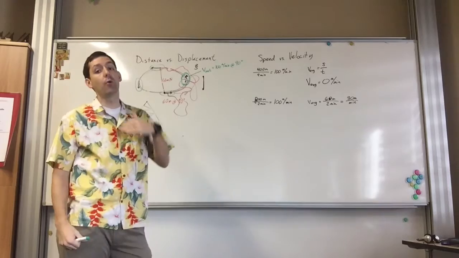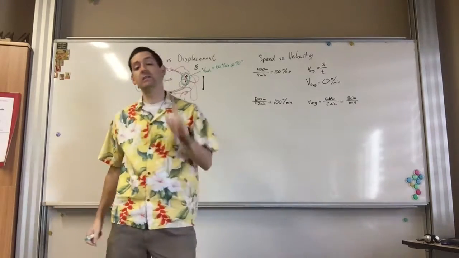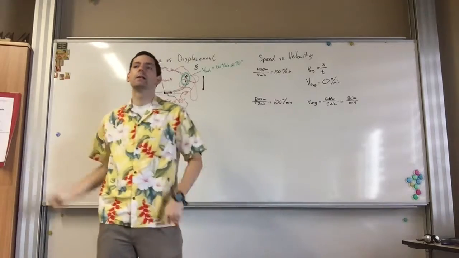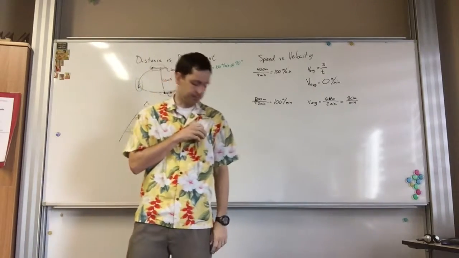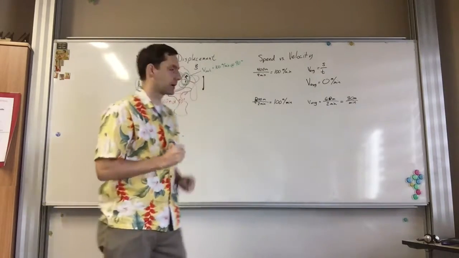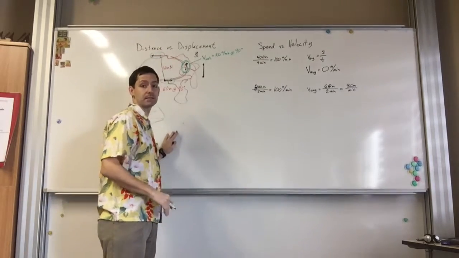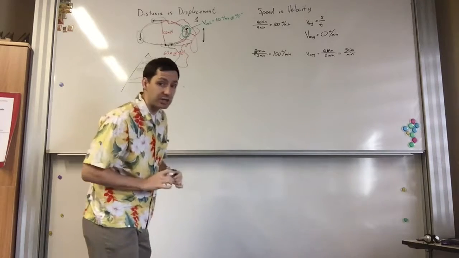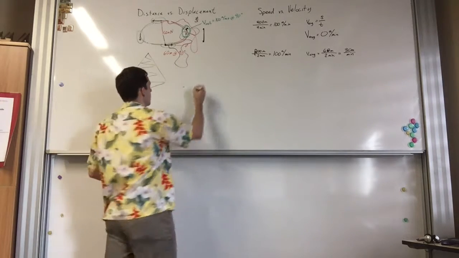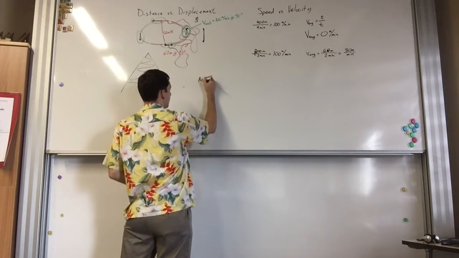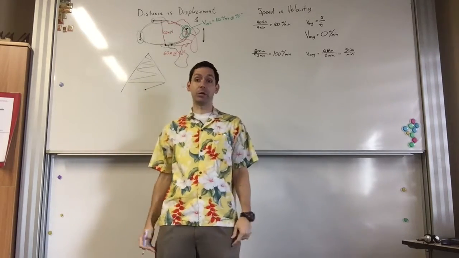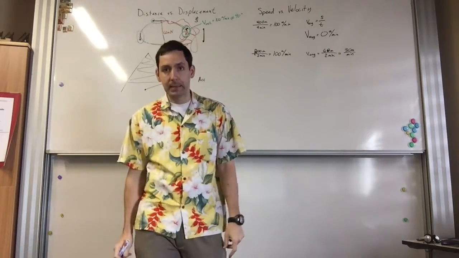Okay, now what we want to go into next is one last thing. We've got our distance, displacement, velocity, speed. Last of all, we've got acceleration. Okay, so now we want to talk about acceleration. And we're going to keep some of this here because acceleration is going to tie into this. What acceleration is, no, it's not speeding up. Somebody at some point in time said, if you're accelerating, you're speeding up. And I'm here to tell you, no, that's not right.